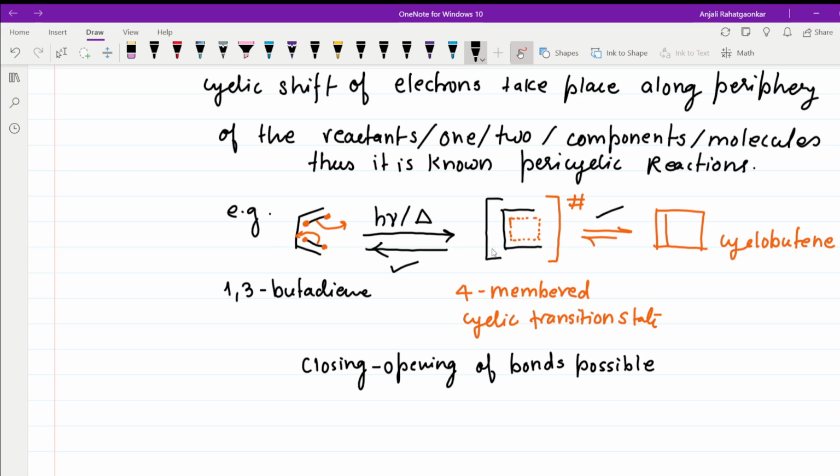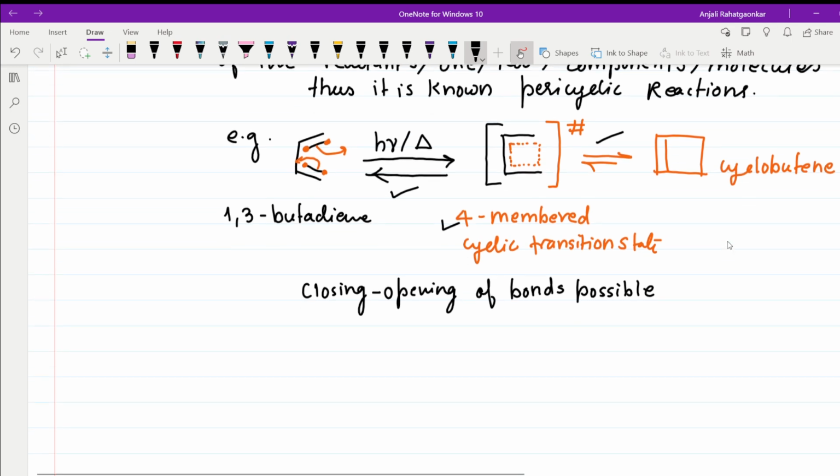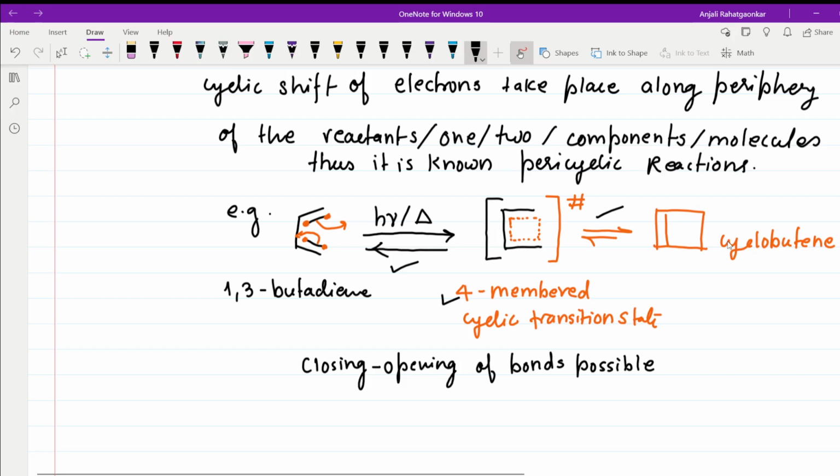It is going to form this four-membered cyclic transition state. So you can see this is a flow of electrons which shows a cyclic contour over here, and then it leads to formation of four-membered cyclobutene. The accountability of the double bonds and the electrons I will explain in particular whenever I teach the electrocyclic reaction.